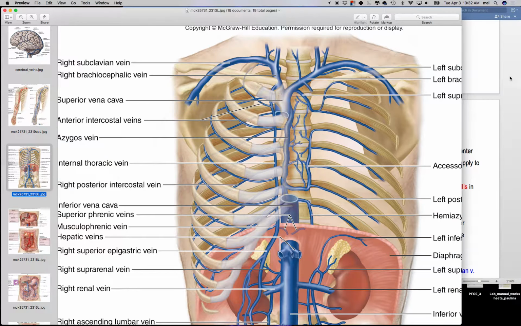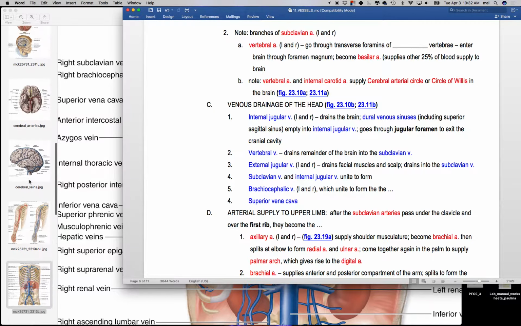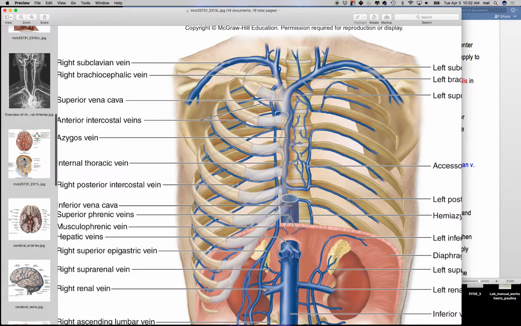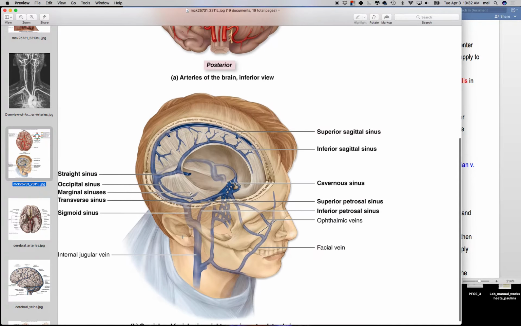Okay, so how are we going to do that? Basically, this is going to go back to some stuff that you've learned before. So all of what we call the dural venous sinuses are all going to collectively dump into the internal jugular vein that goes through another hole that you know. Jugular foramen, exactly.